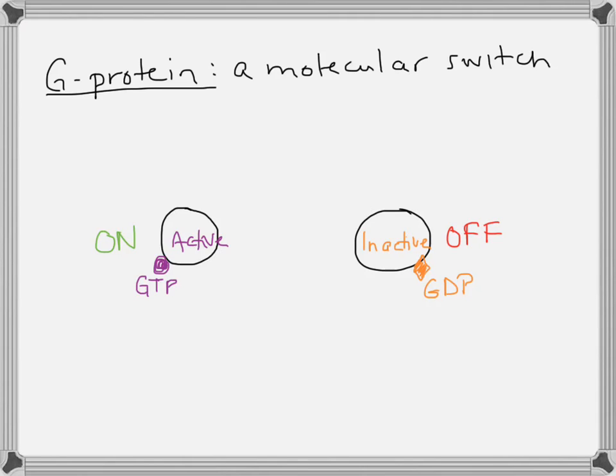The G protein will basically cycle between these 2 states, active and inactive. In converting from the active to the inactive state, the G protein will undergo a GTP hydrolysis reaction whereby a phosphate group will be removed from the GTP, converting it to GDP, and that will essentially inactivate the G protein, shutting the signaling off.